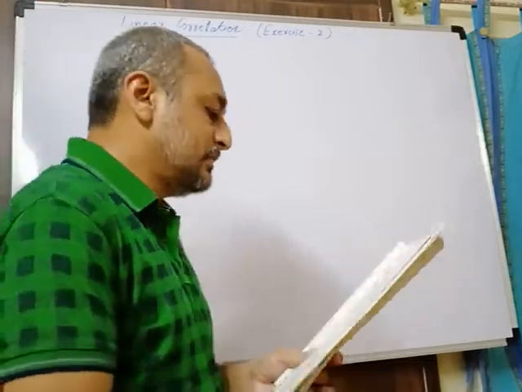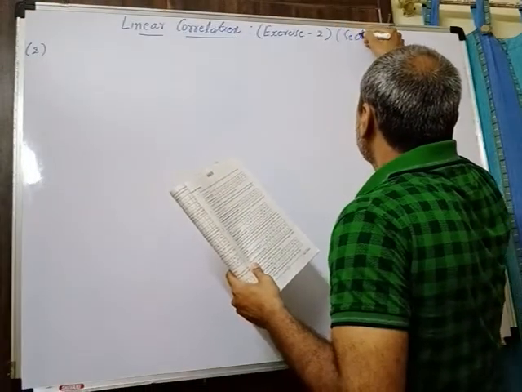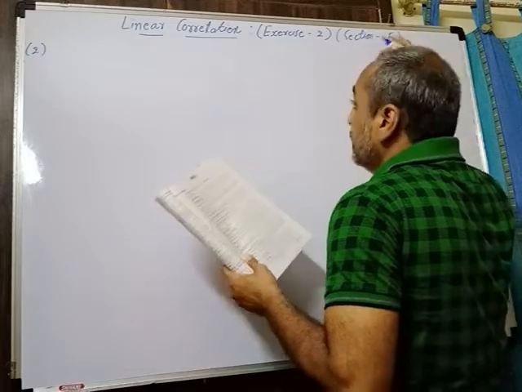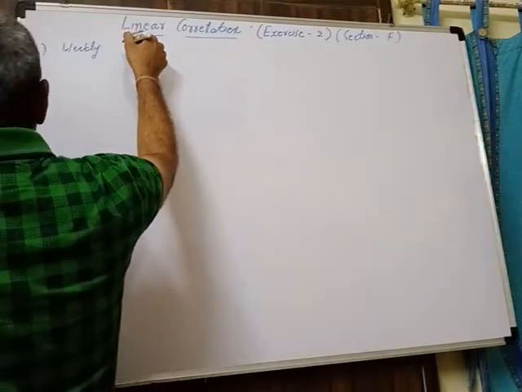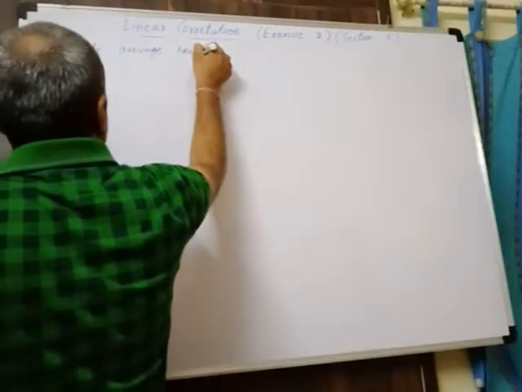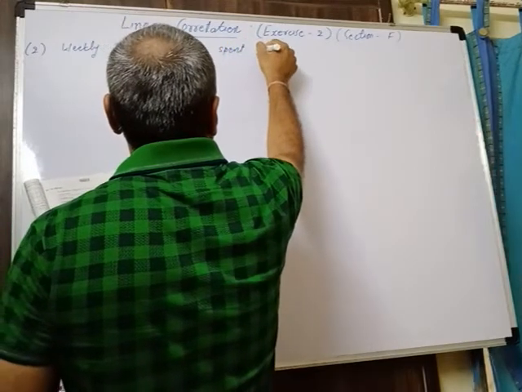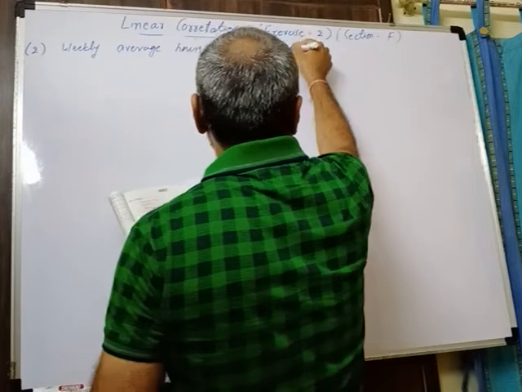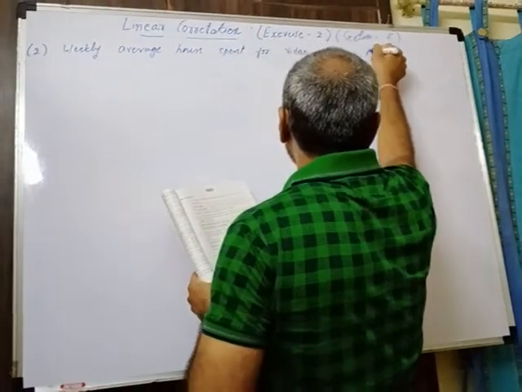So there are two variables available. It is question number 2. I am writing here section F. Now, first I am going to assume the average weekly hours spent for video games as variable x.